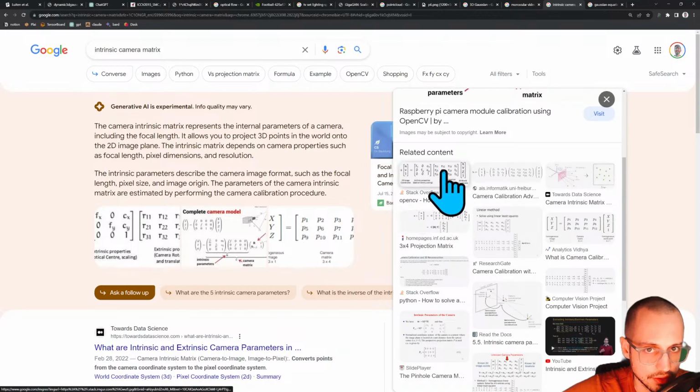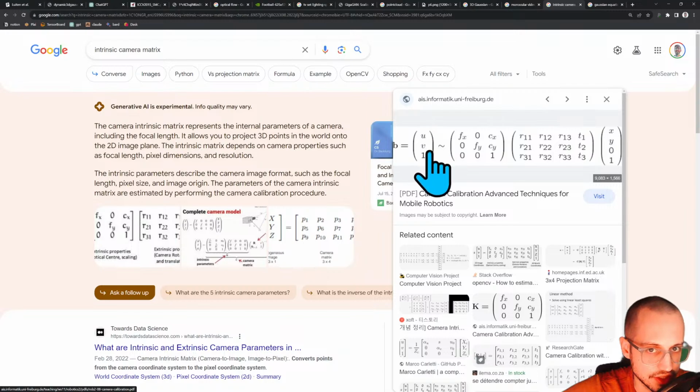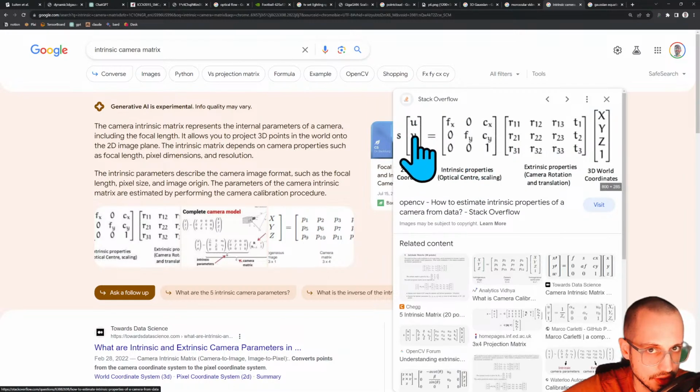Where is it? Yeah, right here. UV is the coordinates of the actual 2D image coordinates, right? So when you multiply a 3D vector x, y, z by this matrix here, you end up getting U and V, so you end up getting 2D.